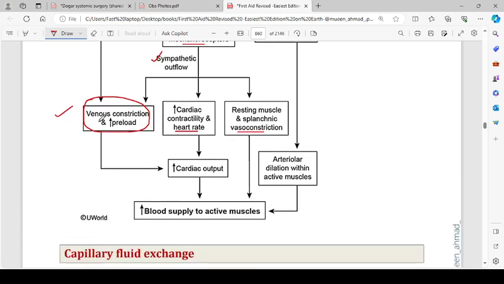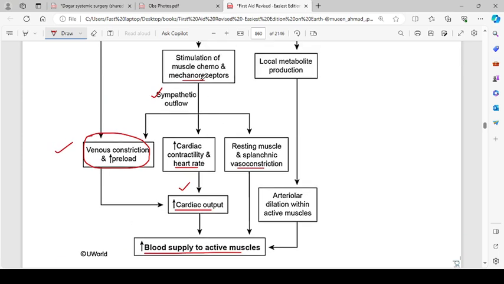Then the increased venous constriction and increased preload cause an increase in the cardiac output. The same result is achieved by increasing the cardiac contractility and heart rate. This can also increase the cardiac output, and thus ultimately blood supply to the active muscle is increased. The stimulation of muscle chemo and mechanoreceptors can also cause resting muscle and splanchnic vasoconstriction, and that also increases the blood supply to the active muscles.